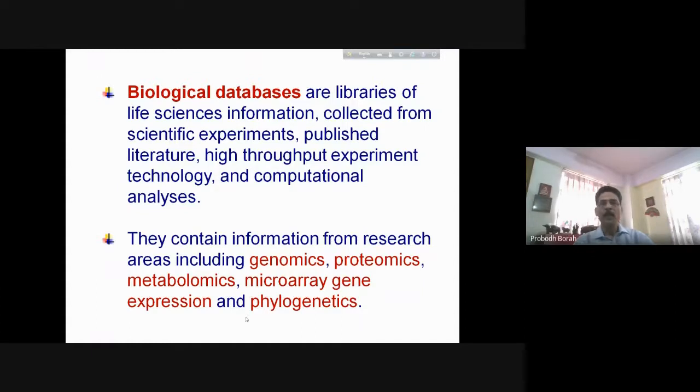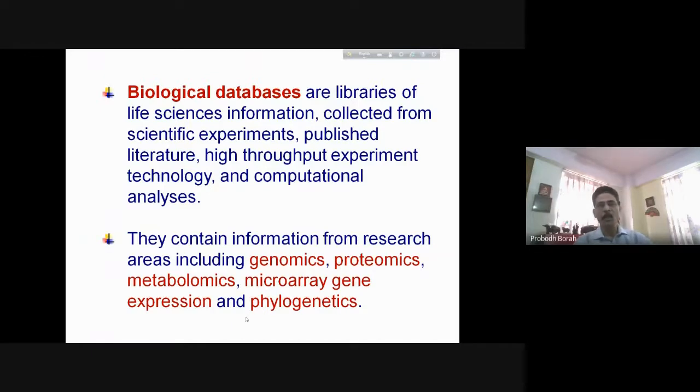So they contain different kinds of information. Say, for example, some databases may contain information pertaining to the DNA sequences, some may have RNA sequences, some may have annotated sequences, some may have unannotated raw sequences, some may have sequences of the metabolic pathways. All these different kinds of databases are present.